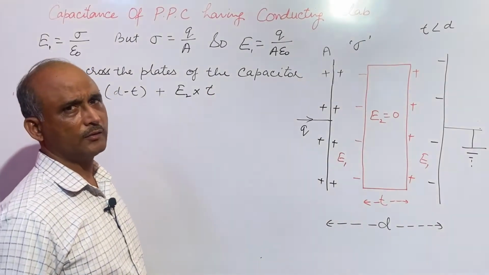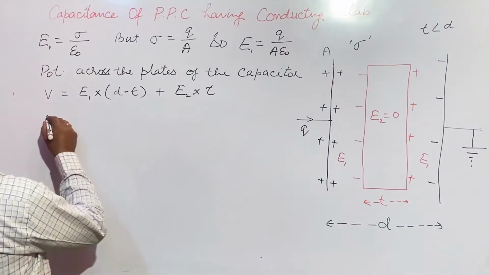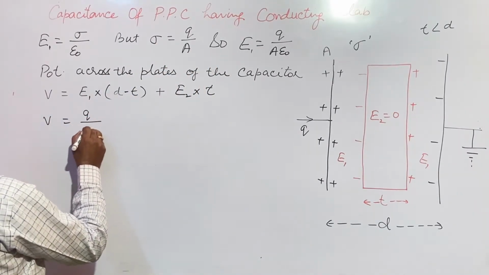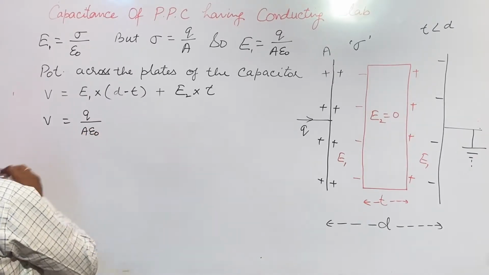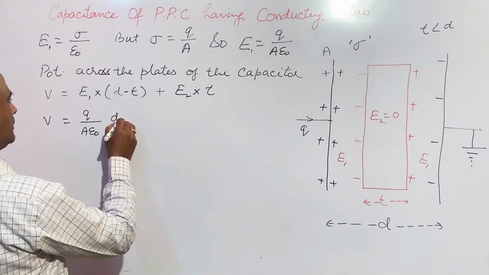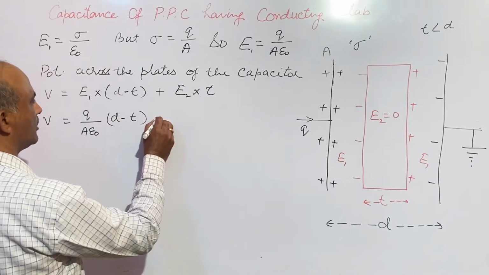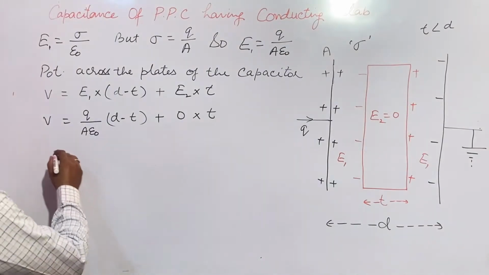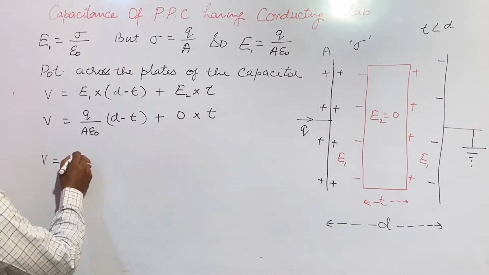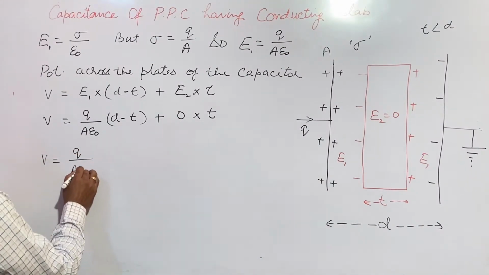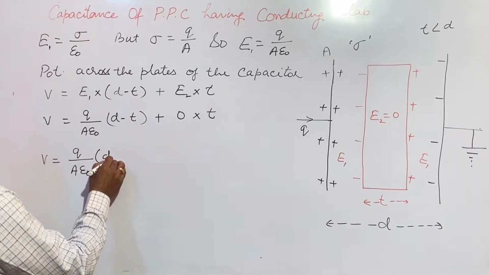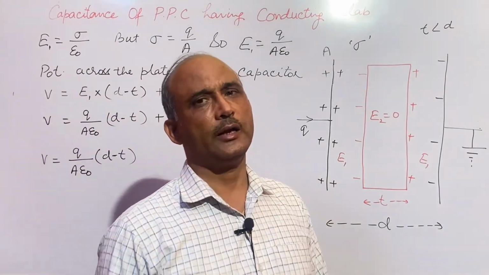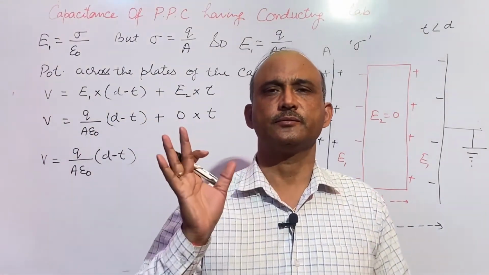On putting the values of E1 and E2, we get E1, q upon A epsilon naught, d minus t, plus E2 which is 0. So, V is equal to q upon A epsilon naught, d minus t. It is the potential across the plates of the capacitor.